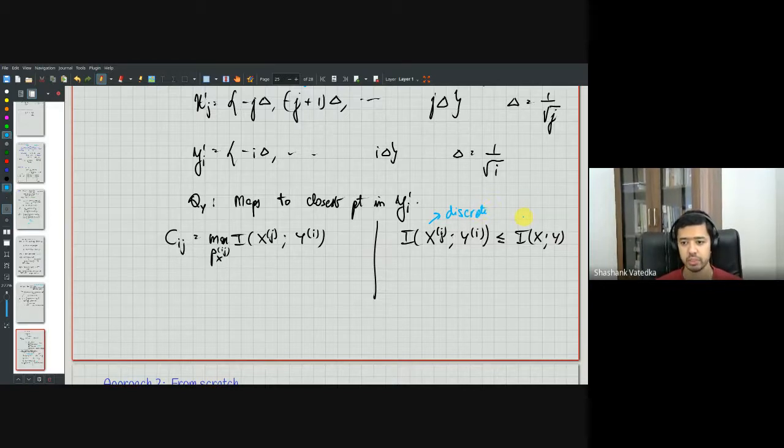For this the alphabet is discrete, whereas for this the alphabet is continuous.